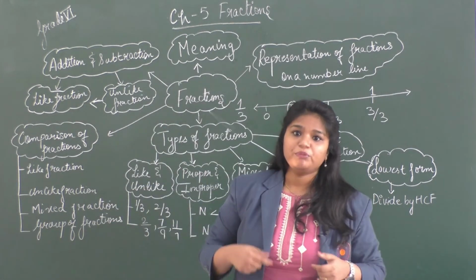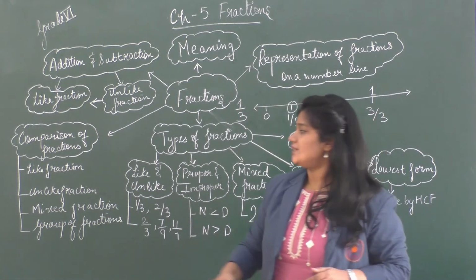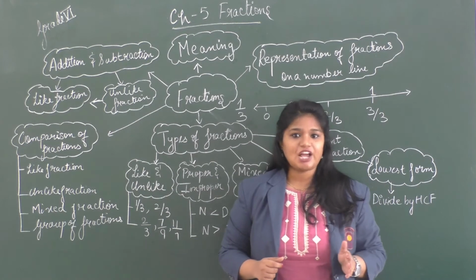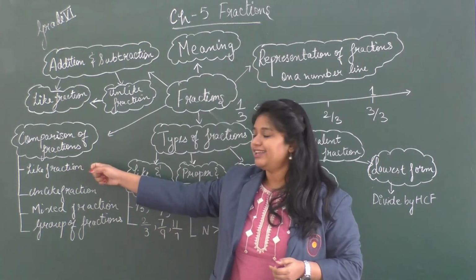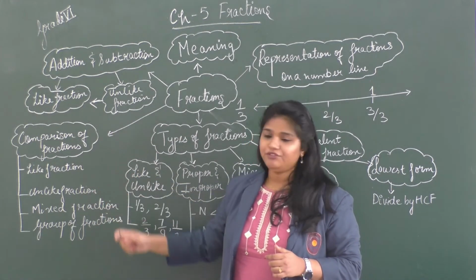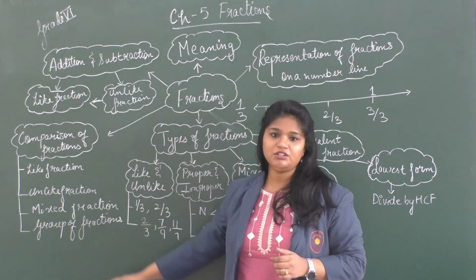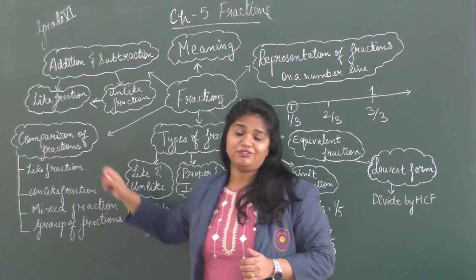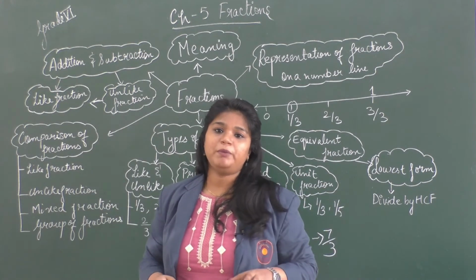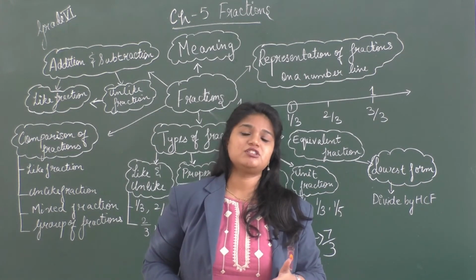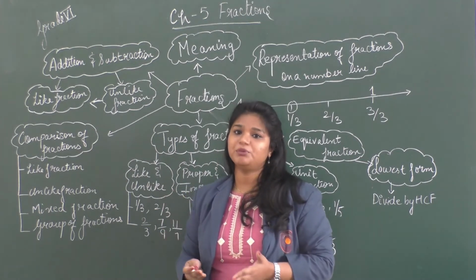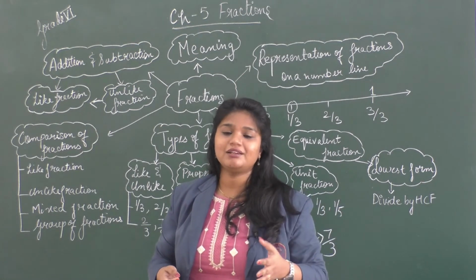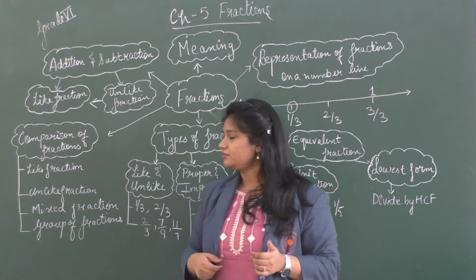After lowest form, we move to the next topic, that is comparison of fractions. Under comparison of fractions, we learn to compare like fractions, unlike fractions, mixed fractions and group of fractions. Let's talk about comparison of like fractions. When we have to compare two or more like fractions, we just compare the numerators. So the fraction with greater numerator is greater than the other fraction.